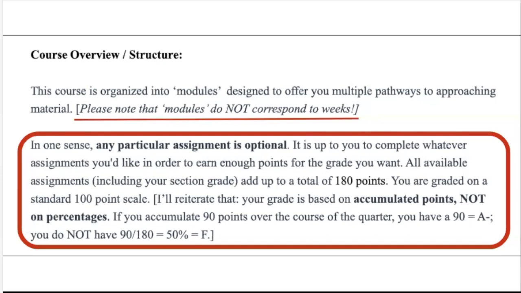You are graded on a standard 100-point scale. I will reiterate that. Your grade is based on accumulated points, not on percentages. If you accumulate 90 points over the course of the quarter, you have a 90, which is an A minus. You do not have a 90 out of 180, which is a 50% and a failure.